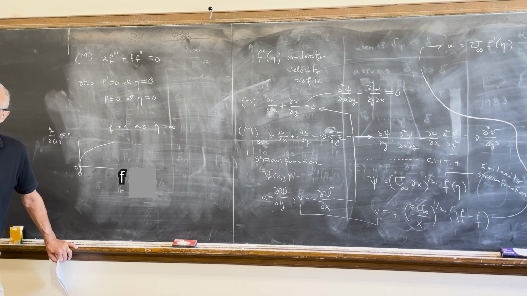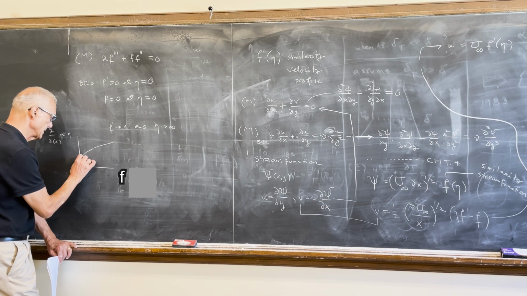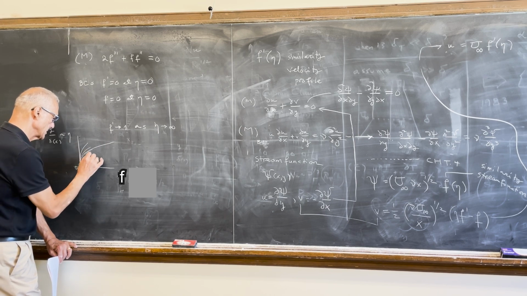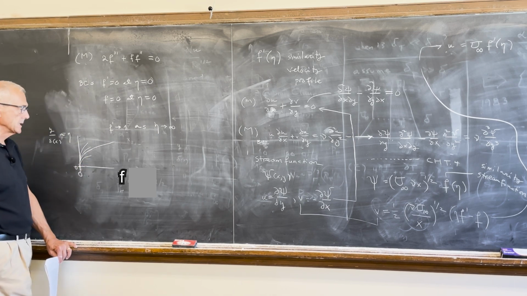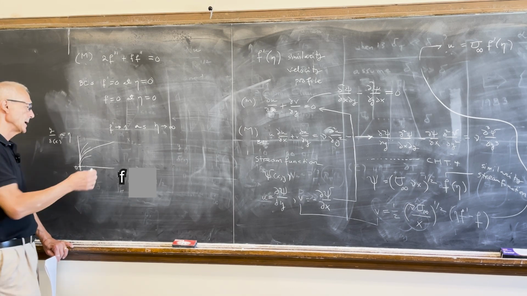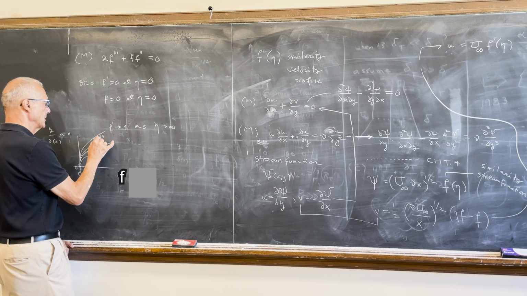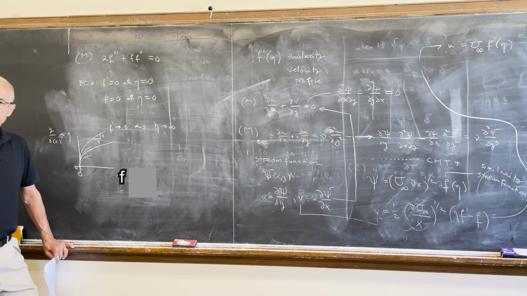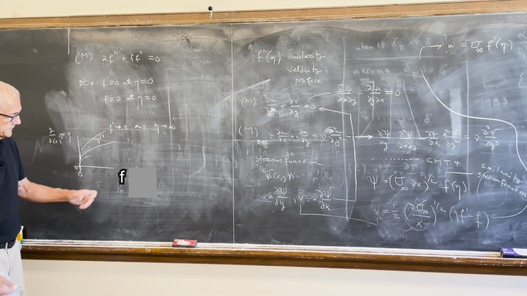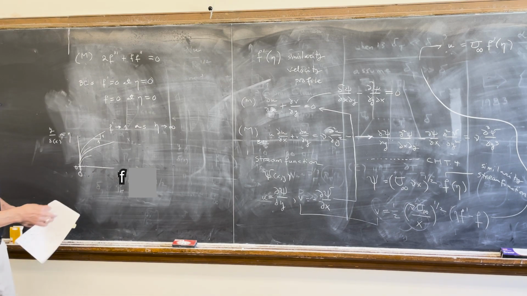And the so-called technique of shooting correctly, in other words, you can start this way, and this way, and of course this way. The technique of shooting correctly is known as the shooting method, and it is the one that takes you here to 1 and 1 and gives you the correct profile for the longitudinal velocity component.